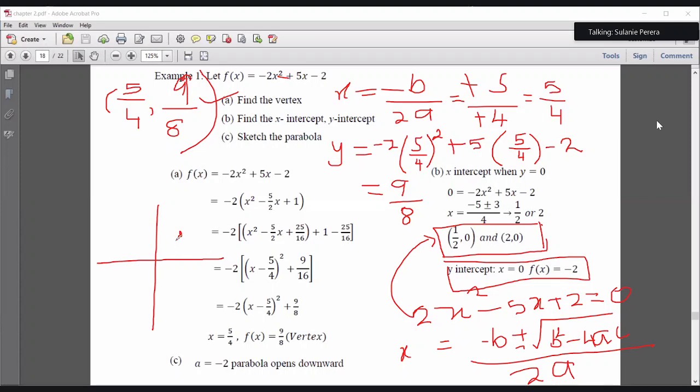So one intercept is at (1/2, 0), the other is (2, 0).